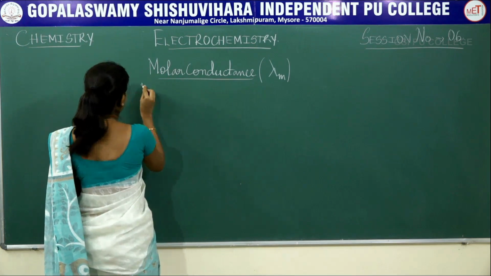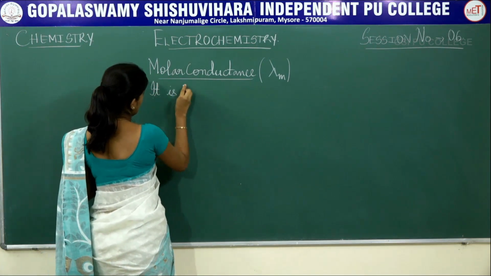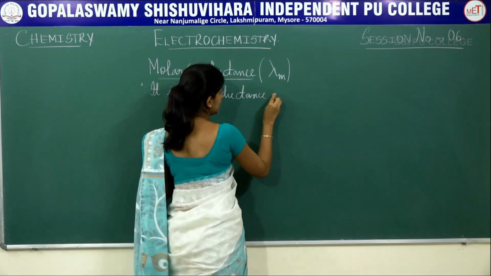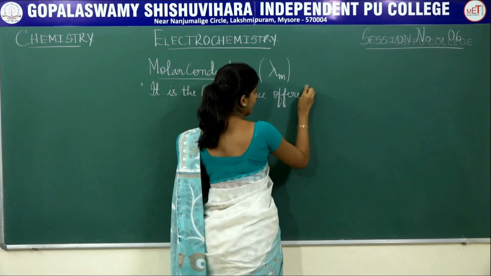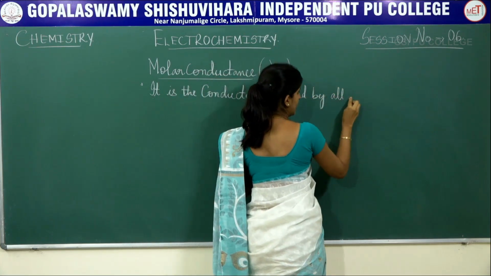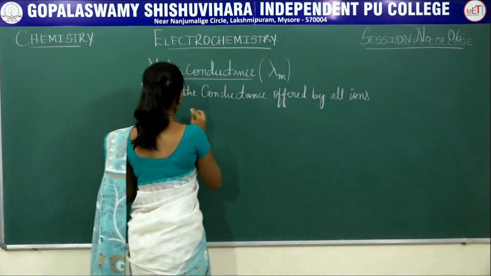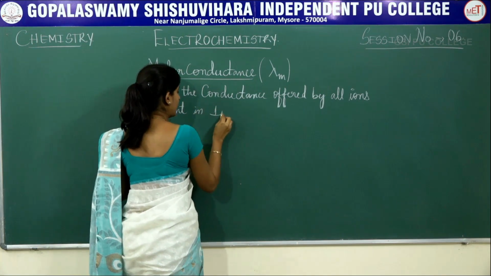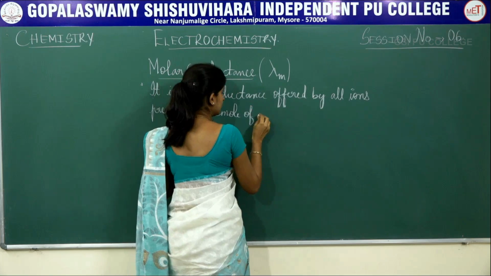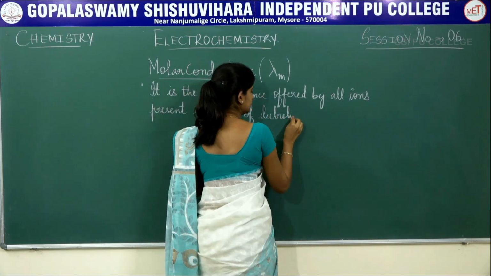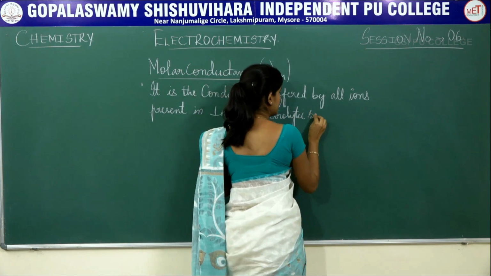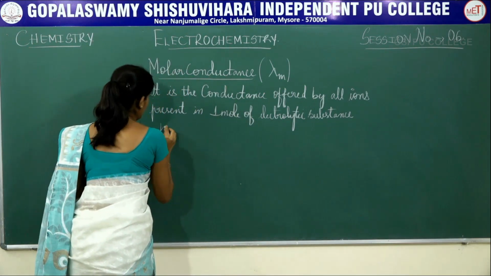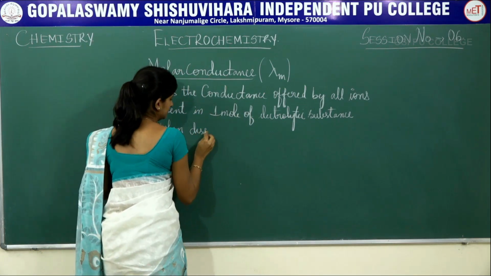So I can define it as the conductance offered by all the ions present in 1 mole of an electrolytic substance when dissolved.